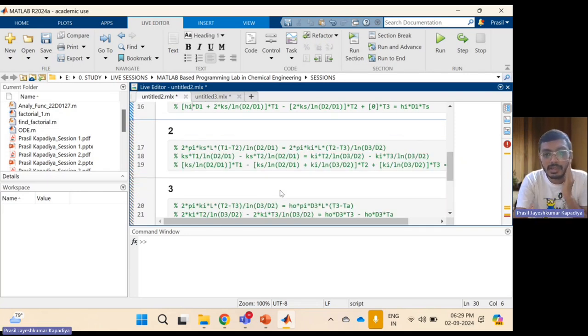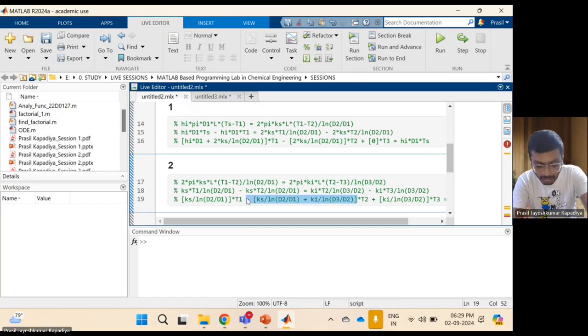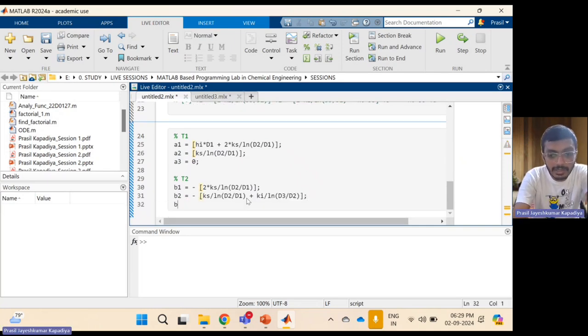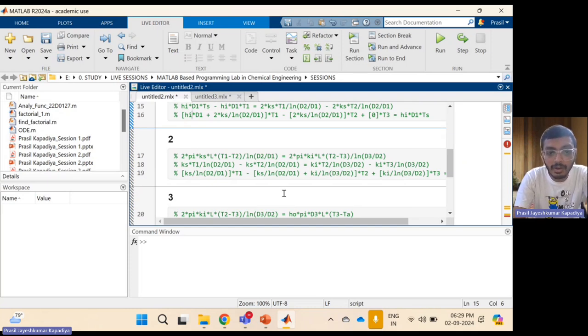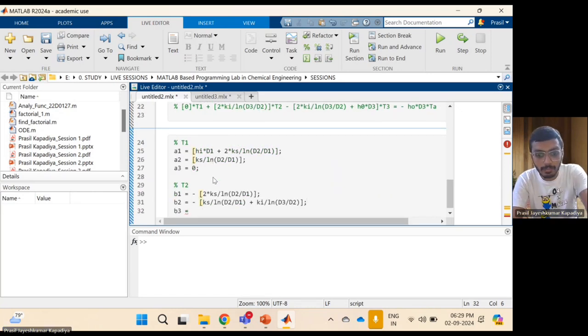In second equation, coefficient of T2, this huge term. Okay. And in third equation, B3 is equal to, my coefficient of T2 is this one. Okay, so this is done.